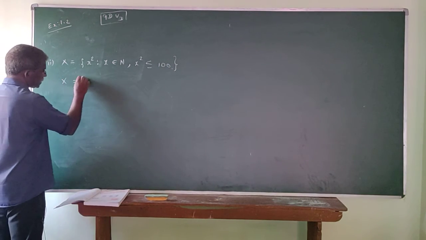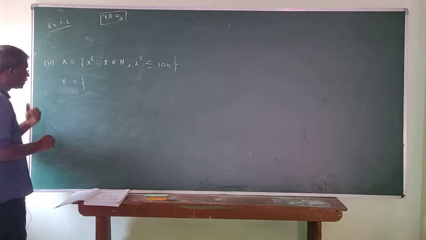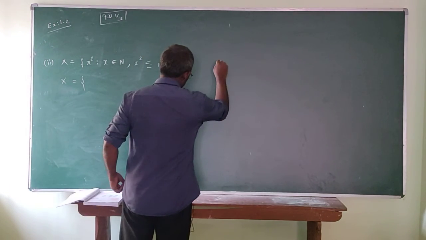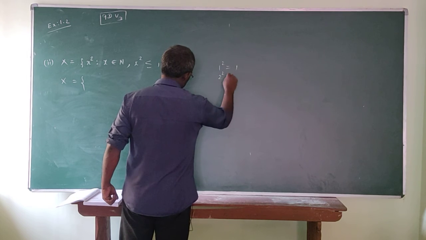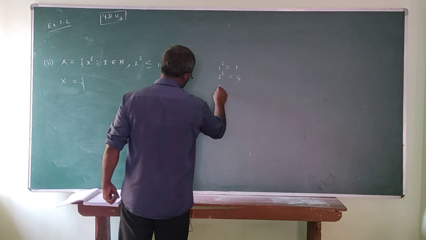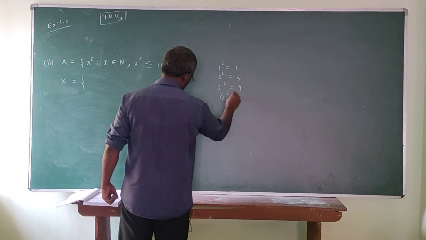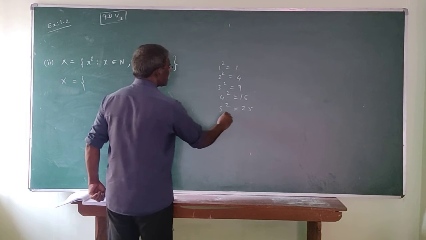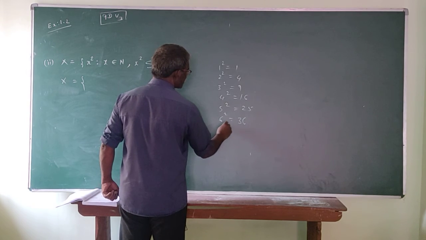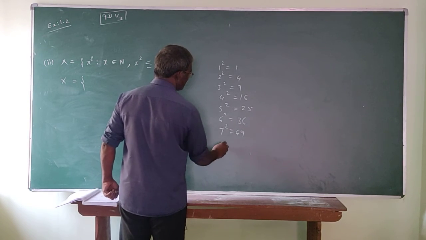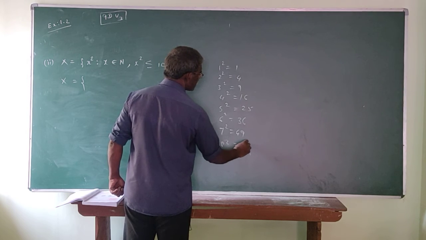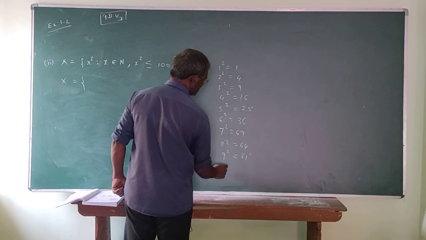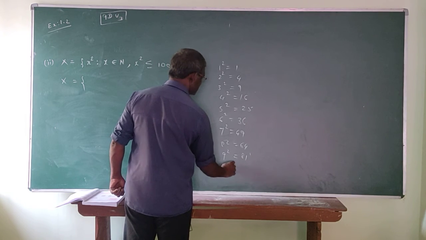Therefore we have to find the square numbers. 1 square equal to 1, 2 square equal to 4, 3 square equal to 9, 4 square equal to 16, 5 square equal to 25, 6 square equal to 36, 7 square equal to 49, 8 square equal to 64, 9 square equal to 81, 10 square is equal to 100.